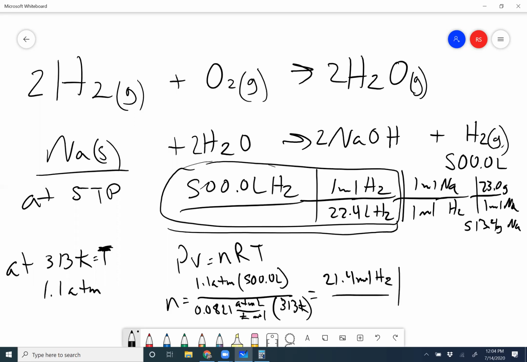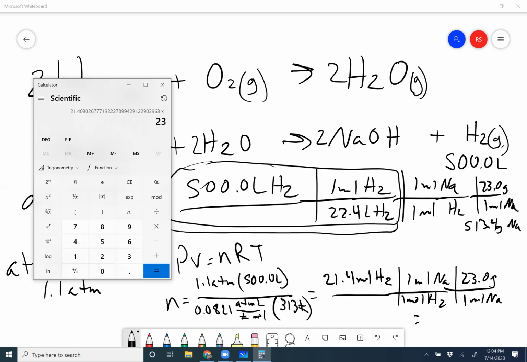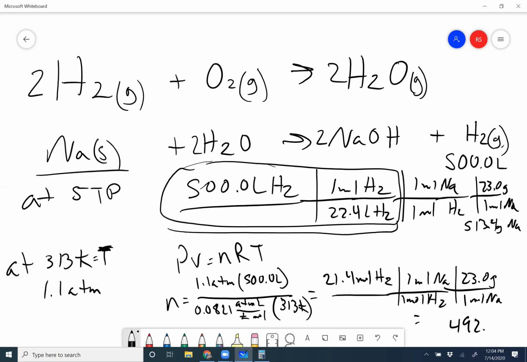And now we can do our stoichiometry. 1 mole of hydrogen to 1 mole of sodium. And then for every 1 mole of sodium, there's 23 grams. So because of this, we now multiply this by 23. We only need 492.3 grams of sodium.